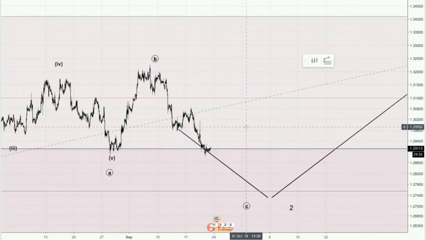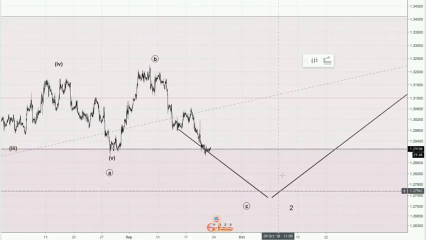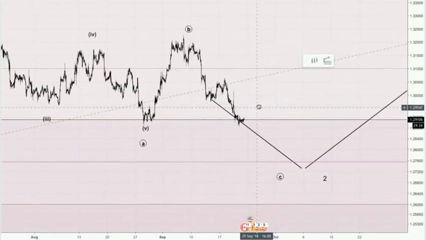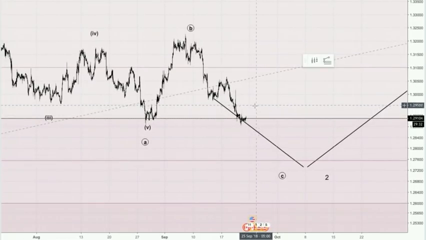But if this is looking a bit suspiciously like a corrective pattern, then I would hold my fire and I would wait for this to drop a bit further. We need to be a bit more patient to see what price action does after these reports in the next trading day or so, and then we can maybe see if there is a good trading opportunity there.